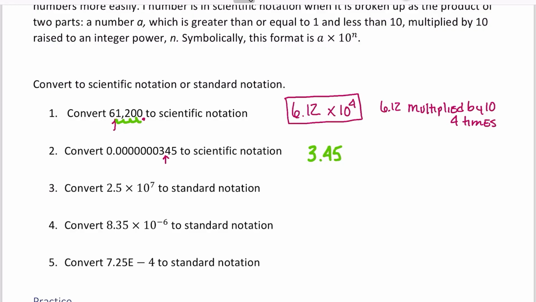Let's count how many places we move the original decimal: 1, 2, 3, 4, 5, 6, 7, 8 places. So it's 3.45 times 10 to the negative 8th, because what I really have is 3.45 divided by 10 eight times. And that's a really small number.